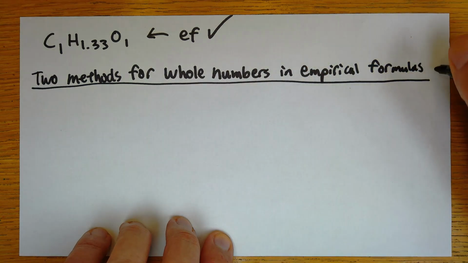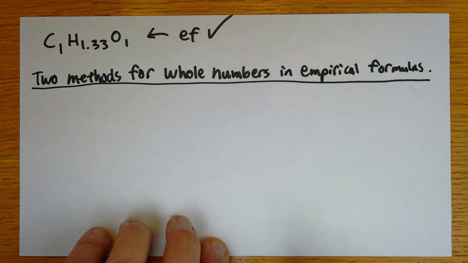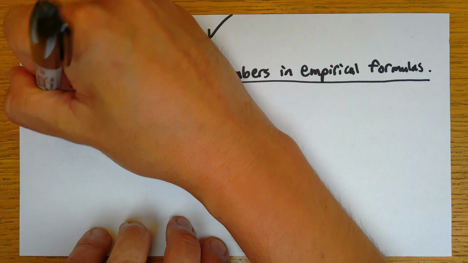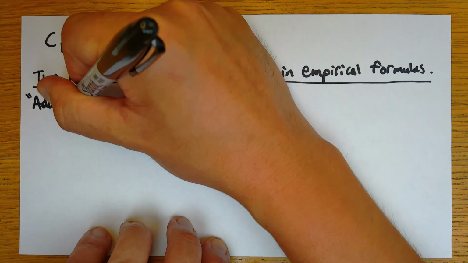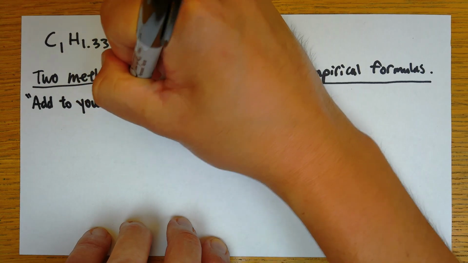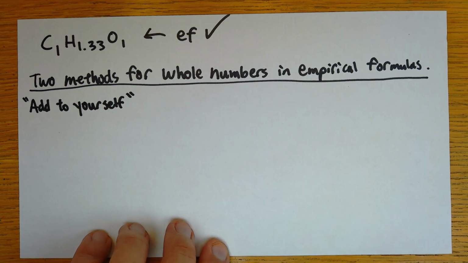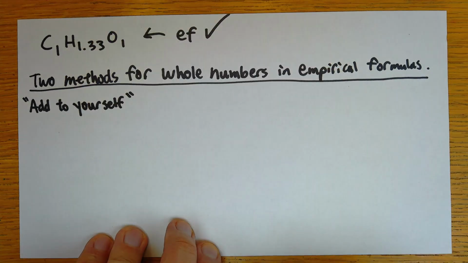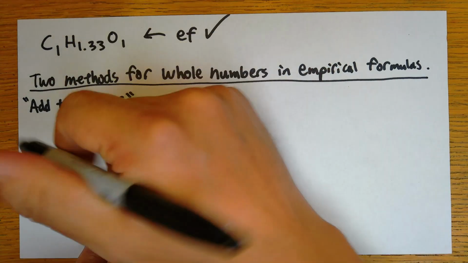So I'll show 2 methods. The first will be the add to yourself method. All right, or to itself. Anyways, whatever, you know what I mean.